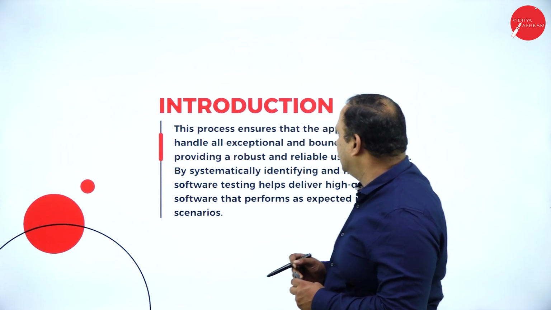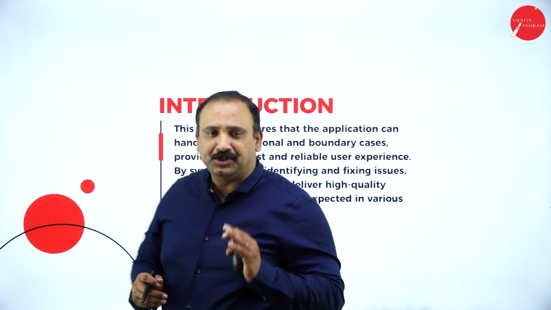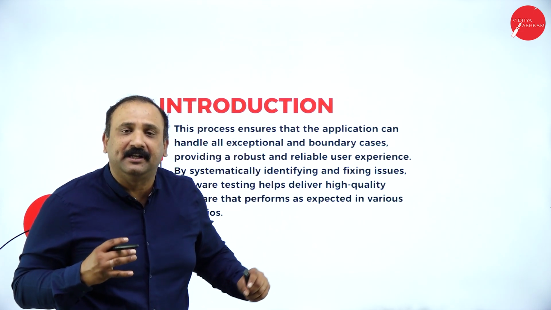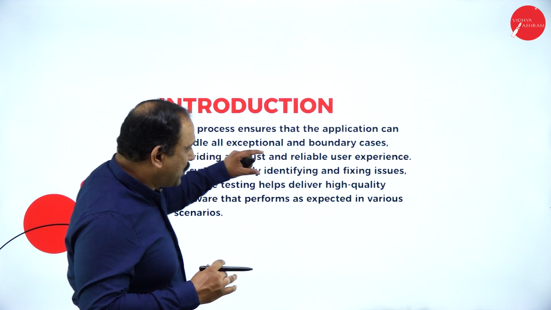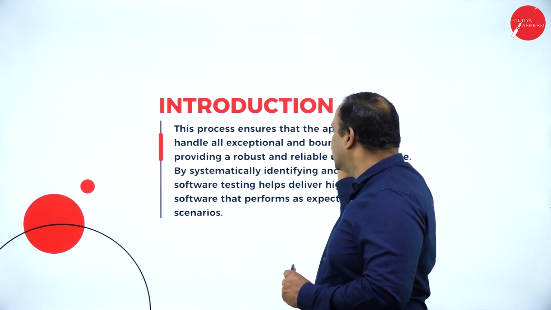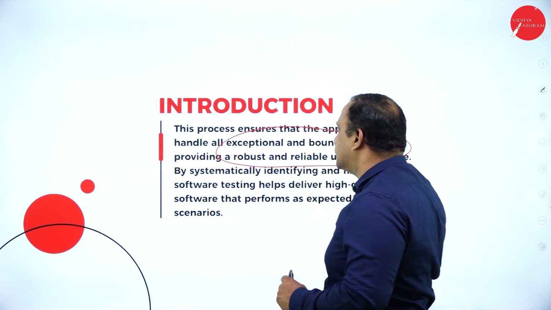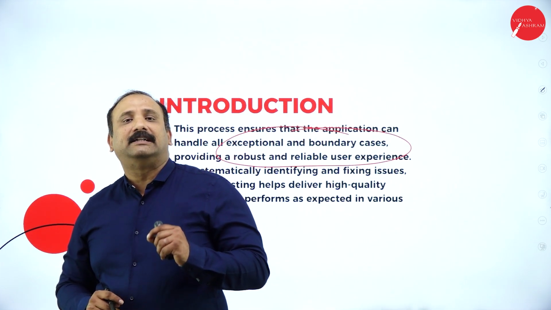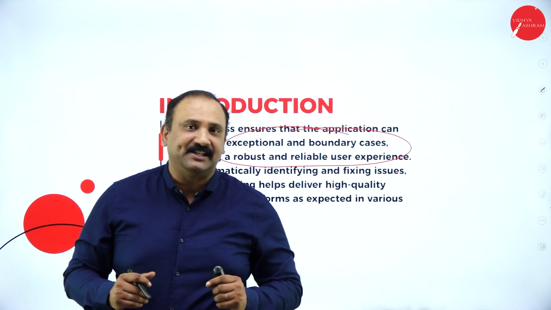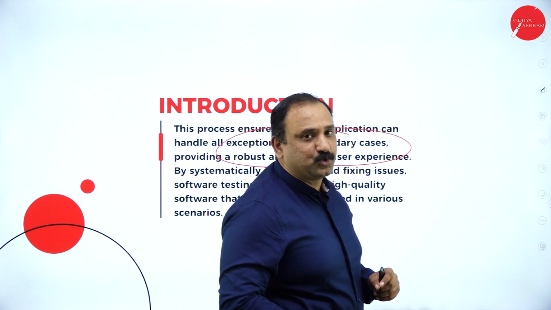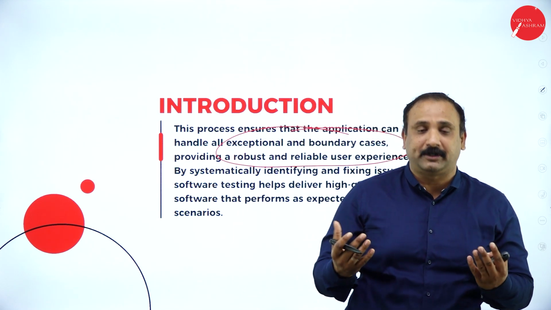As we move further, this process also ensures that application can handle all exceptional and boundary cases, providing a robust user experience. Now, this word is very, very important for us. Why? Because there are many times where we have not defined the exceptional cases. So what if a user encounters a situation that we have never thought about?